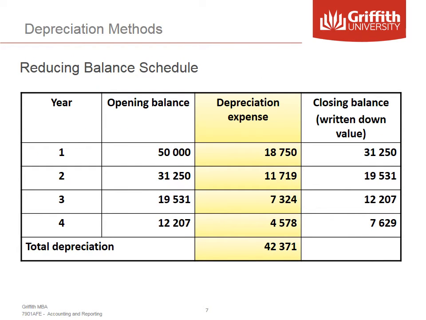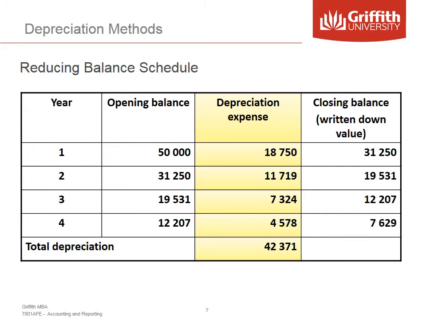This table illustrates the schedule of how depreciation changes over the useful life using the reducing balance methodology. Now recall that when you're using straight line depreciation, the nature of the formula will be that each year the depreciation expense will be the same.